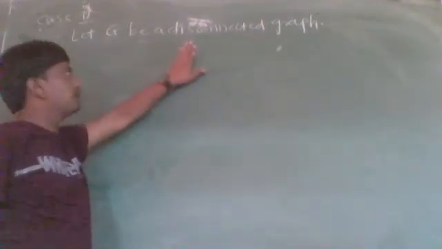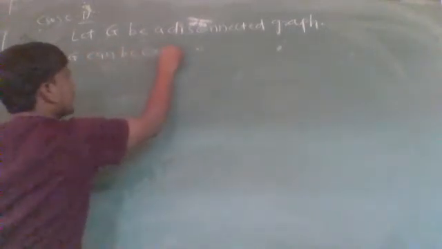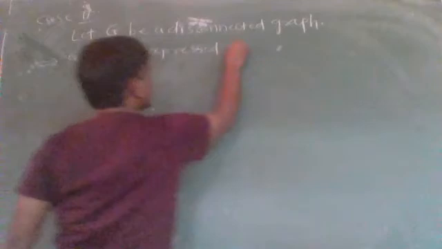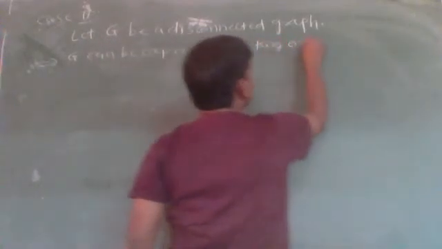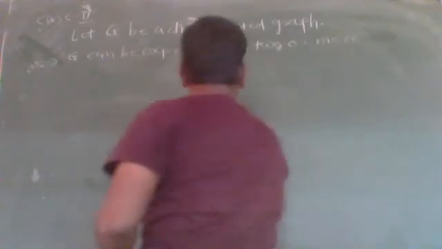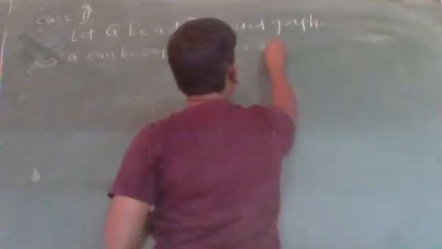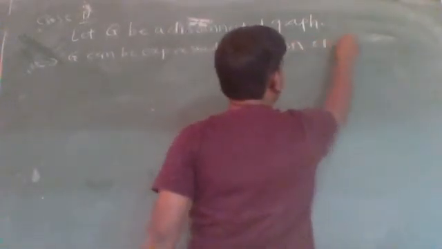A graph is said to be a disconnected graph if it can be expressed as a union of two or more connected components. As G is a disconnected graph, G can be expressed as a union of two or more connected components.